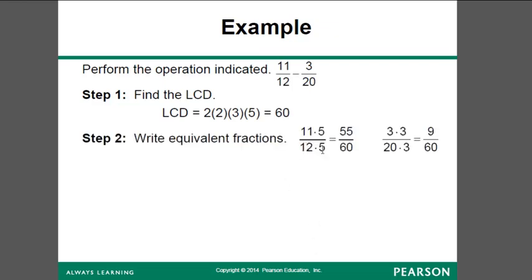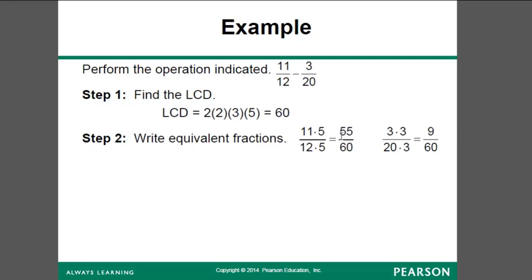So I take 12 times 5, which gives me 60. Whatever I do to the denominator, I must do to the numerator. 11 times 5, which is 55. 3 times 20 gives me 60. I multiplied the denominator by 3, so I have to multiply the numerator by 3, which gives me 9 over 60.